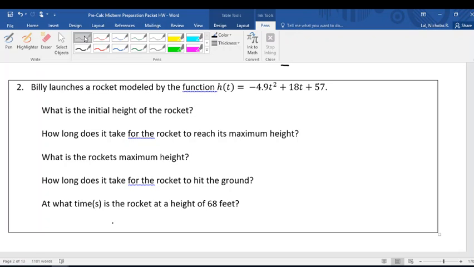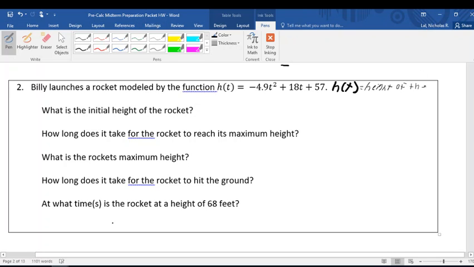I just want to clarify that here, h of t is the height of the rocket, and t is equal to the time after launch.